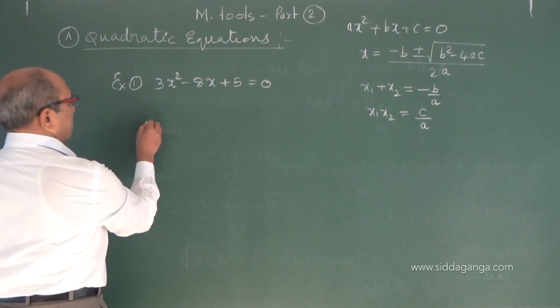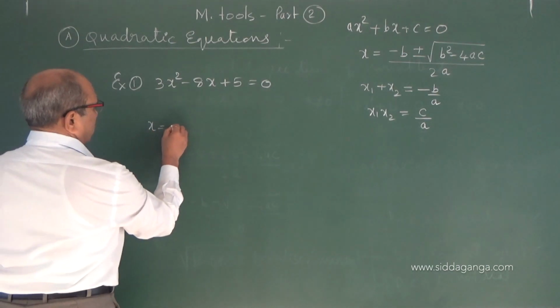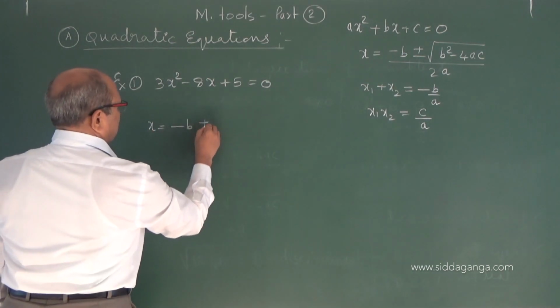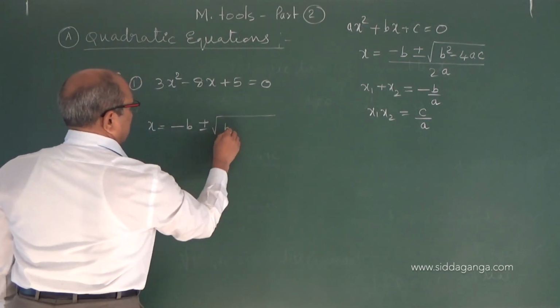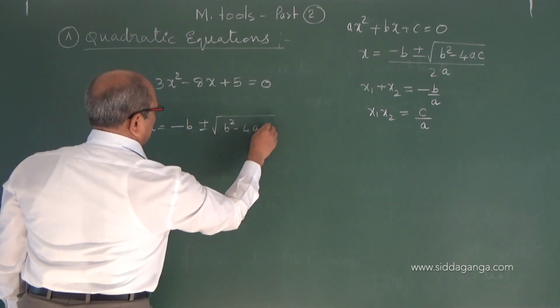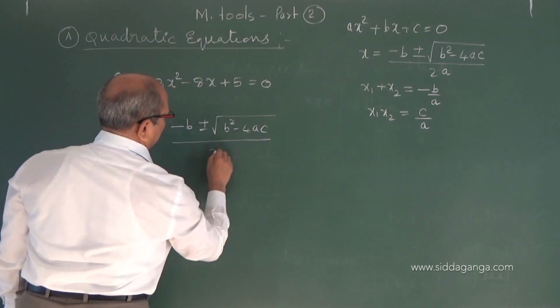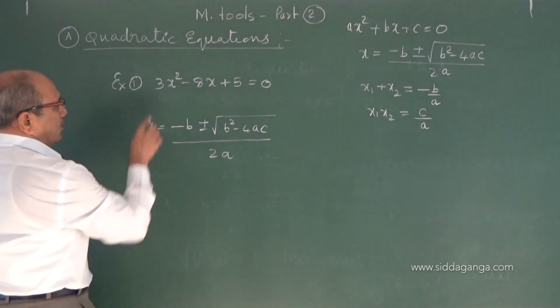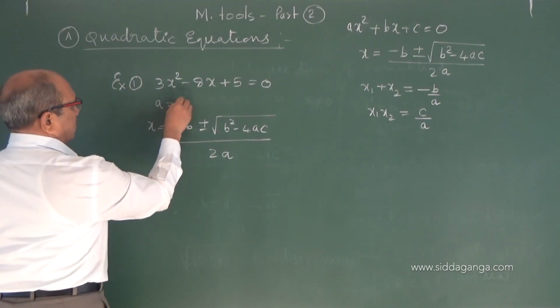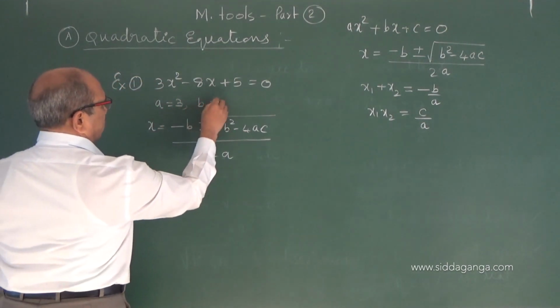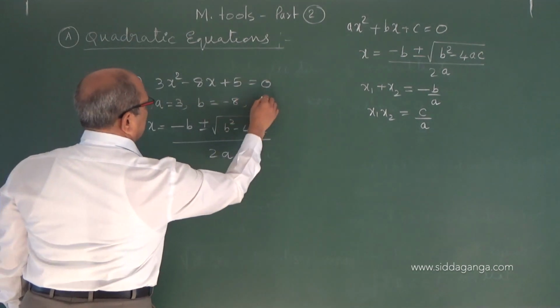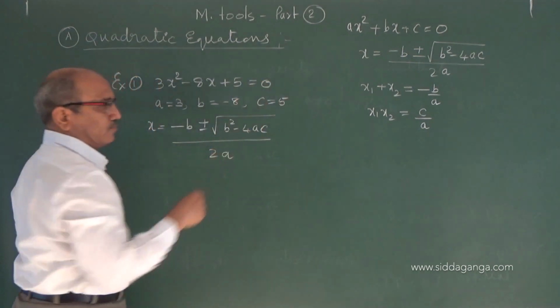I want the solutions x = (−b ± √(b² − 4ac)) / 2a. In this equation, the a value is 3, the b value is −8, and the c value is 5.